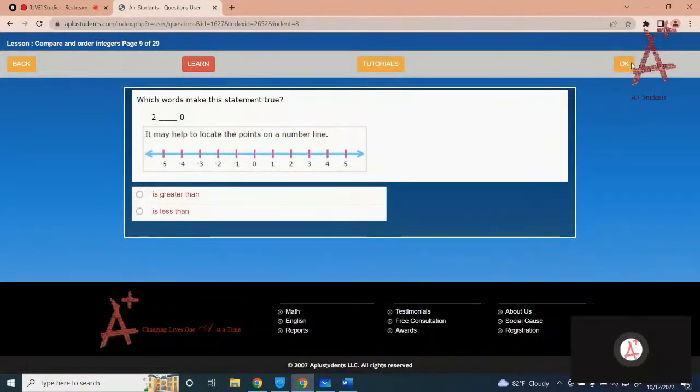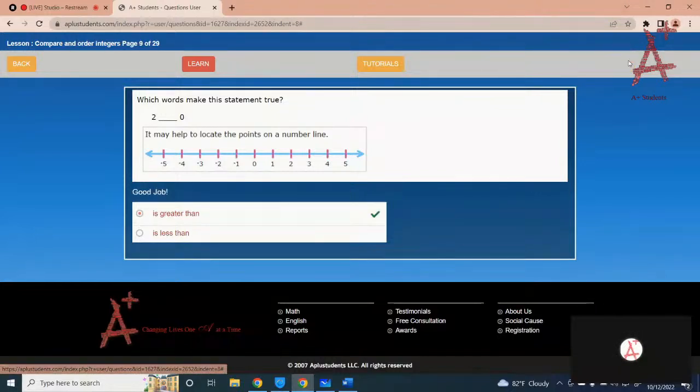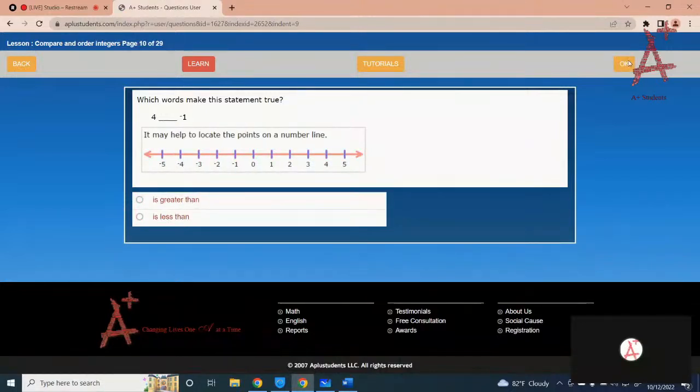Okay, which word makes the statement true? 2 is greater than 0 or less than 0? 2 is greater than 0. Got it? Okay, what about 4 and negative 1?